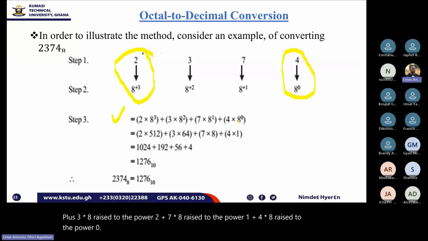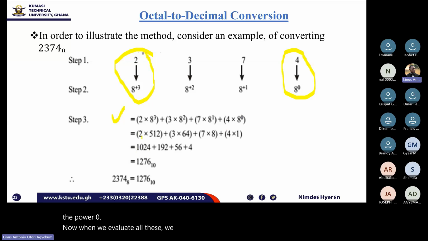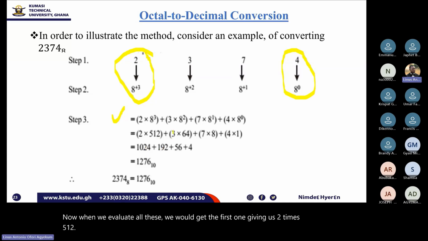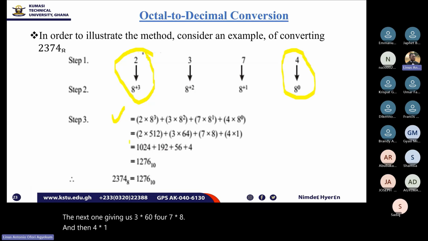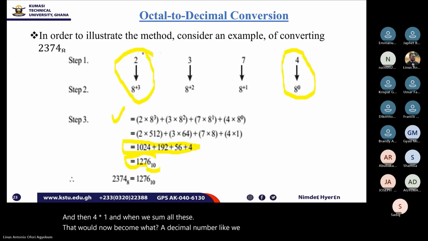Now, when we evaluate all these, we would get 2 times 512, then 3 times 64, 7 times 8, and then 4 times 1. And when we sum all these, that would now become what? Our decimal number, like we have here.